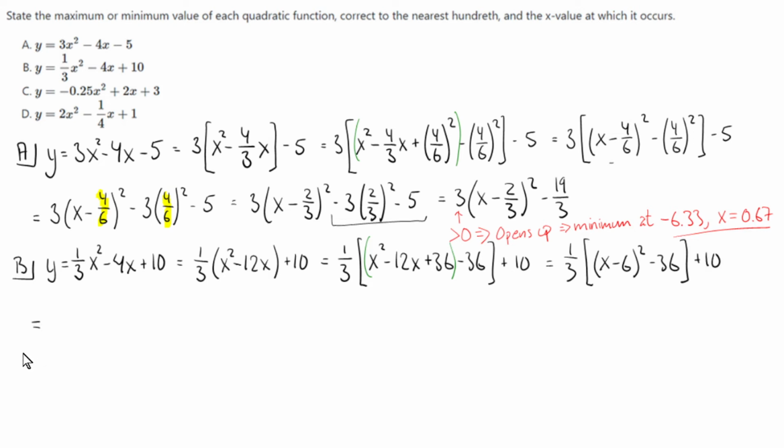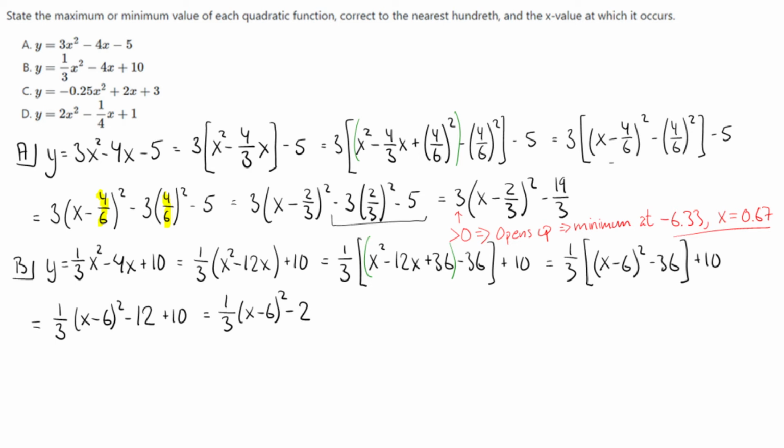Now we bring the 1/3 back into the bracket. So we're going to get 1/3 times x minus 6 squared. And 1/3 times negative 36 is negative 12 plus 10. We clean it up and combine like terms. Negative 12 plus 10 is negative 2.